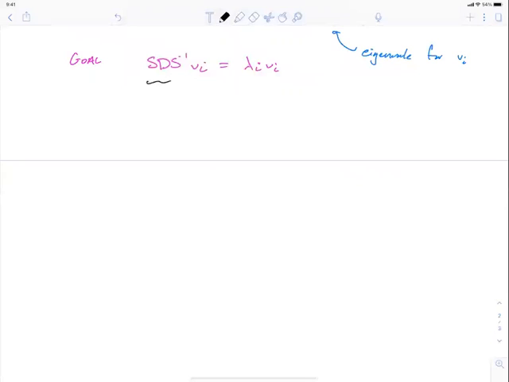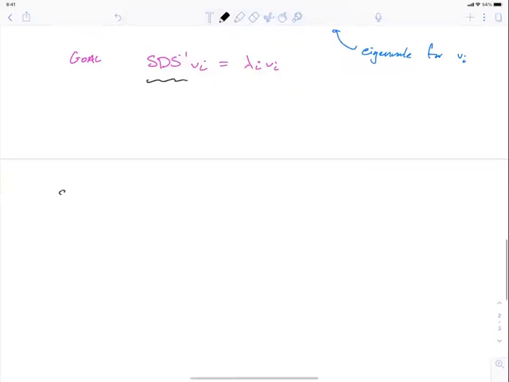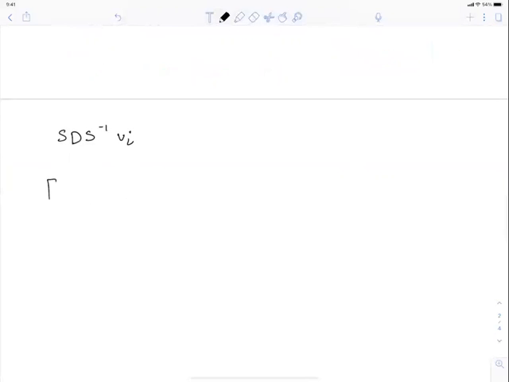All right, so we're going to take this right here, S D S inverse times v_i. And now we can expand this. So remember, S is just the matrix of eigenvectors. Our D is proposed to be this diagonal matrix.